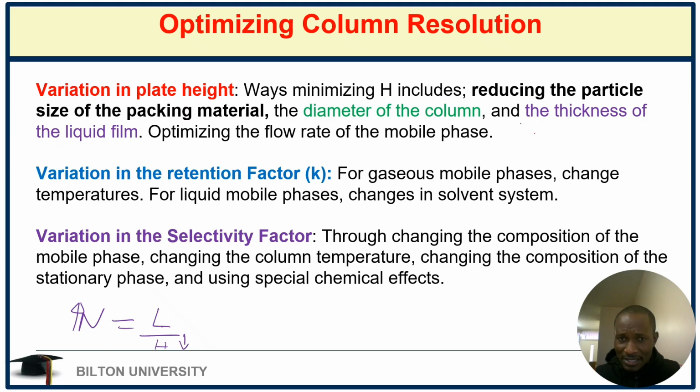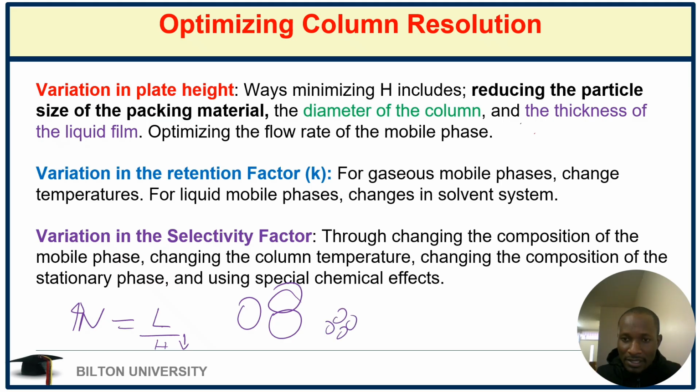In our last class, in the video that we posted before this, in part A, reducing the particle size of the packing materials normally happens with the packed column. If you remember, with the packed column, we are going to reduce the particle size of the packing material such that instead of having this bigger packing material, we are going to have smaller packing materials.